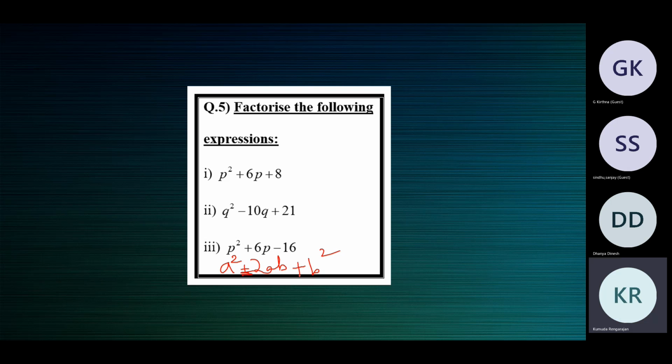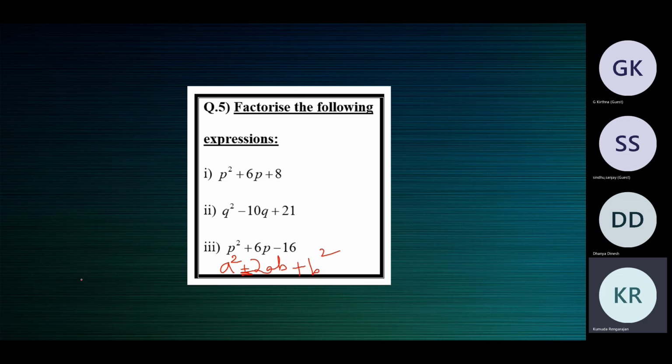It should be plus b square. There should be a plus sign before 16, but it's minus. And one more thing: supposing we have two perfect squares and the signs also match, you should check the middle term. If the middle term does not happen, then also you cannot use the identity. We'll take up a question like that.